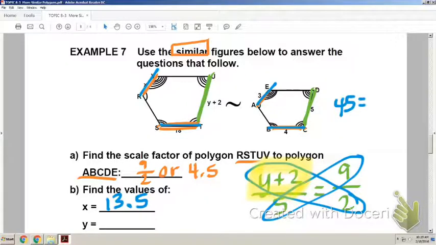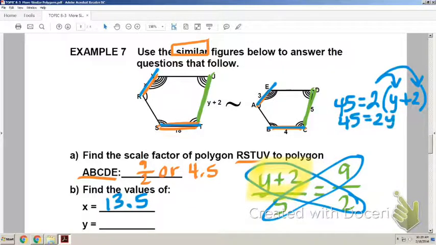So I'm going to write 2 times y plus 2, so that I know I have to distribute my 2 to both terms inside. So I have 45 equals 2y plus 4, because I multiplied 2 times 2. Now I can solve for y. I'm going to subtract 4 from both sides, so I get 41 equals 2y.